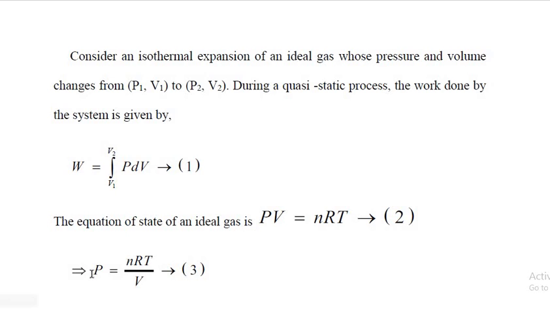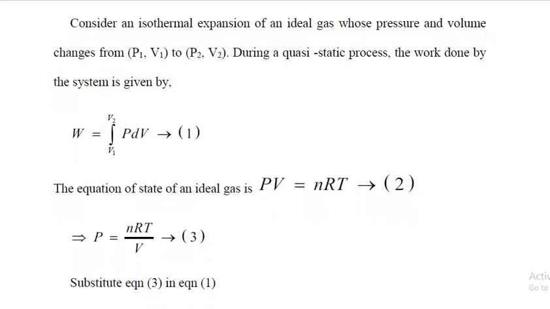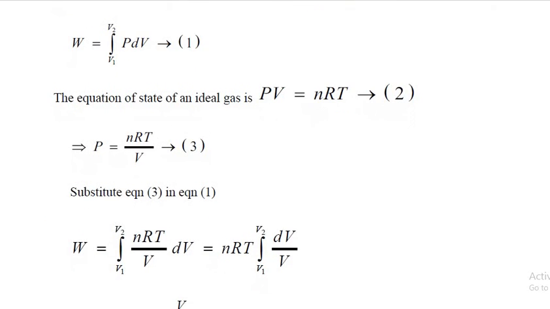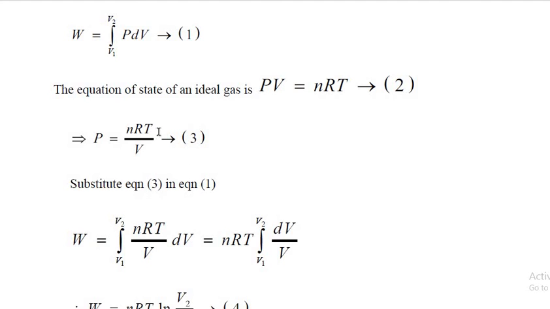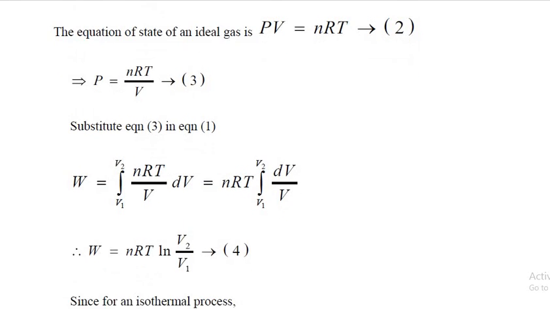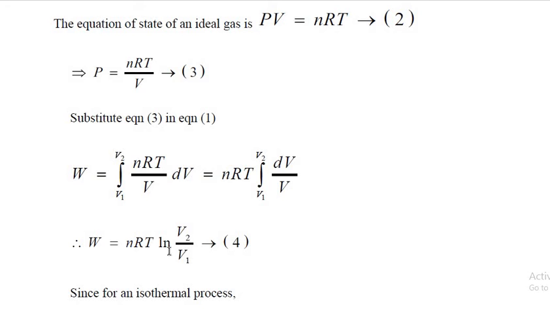From this equation, P is equal to nRT by V. Now substitute equation 3 in equation 1; that is, in place of P substitute nRT by V. Therefore W is equal to the integral from V1 to V2 of nRT by V dV. nRT is constant, so take it out: the integral from V1 to V2 of dV by V. The integral of dV by V is ln of V2 by V1. Therefore we get W is equal to nRT ln V2 by V1.